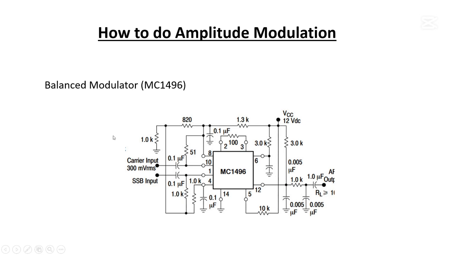Okay, and then you can also put a filter here in the carrier path so that if there is noise, it can filter it out. Okay, and then after doing some biasing, you can add some filters on the output side also, and then you can obtain your output accordingly. All right.